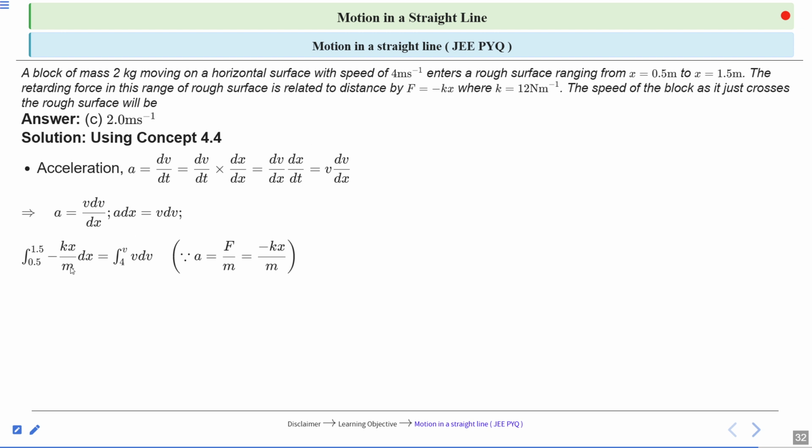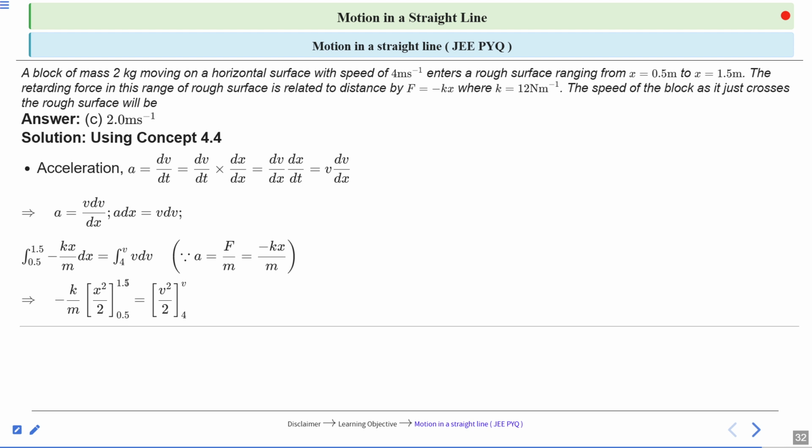So here the value of a is minus kx divided by m, from the formula F is equal to ma. So ma is equal to minus kx, so a becomes minus kx divided by m, dx. Similarly, on the right hand side, limit 4 to v, v dv. So integrating, the left side gives minus k by m, x square divided by 2.